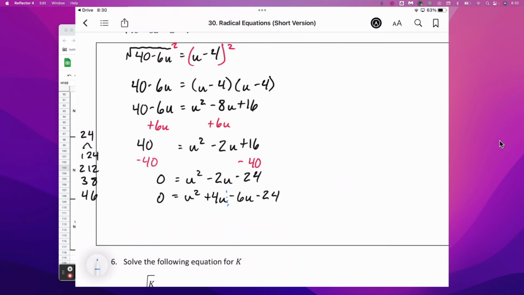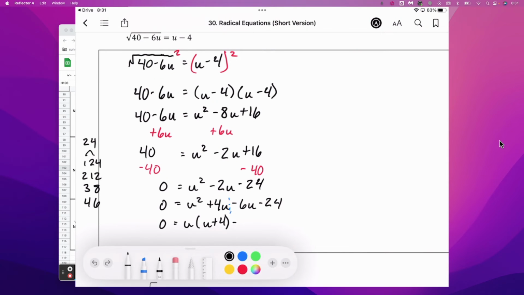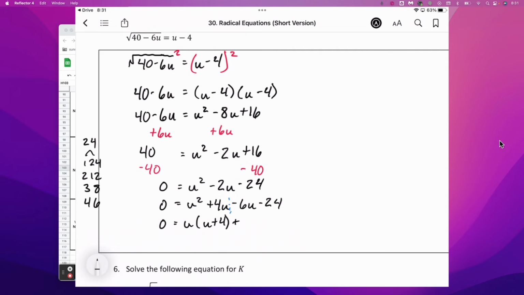We do our da-da-da down the middle. And we will have 0 is equal to u times u plus 4. And I want u plus 4 on the right, so I need to factor out a negative 6. And I always put a plus sign, so we'll have to clean up signs in a second. Oops. So factor out a negative 6. u plus 4 is what remains.